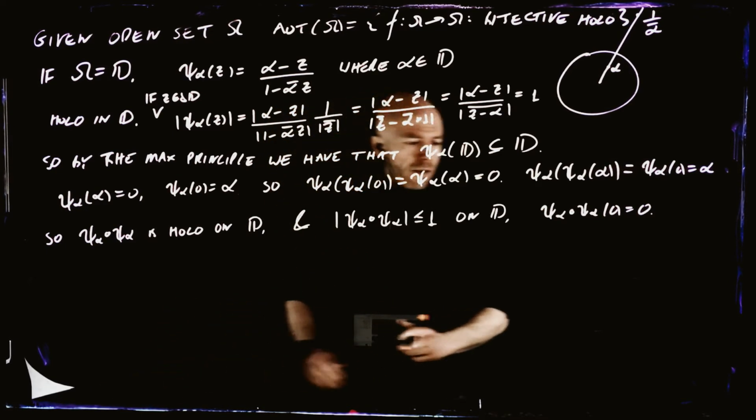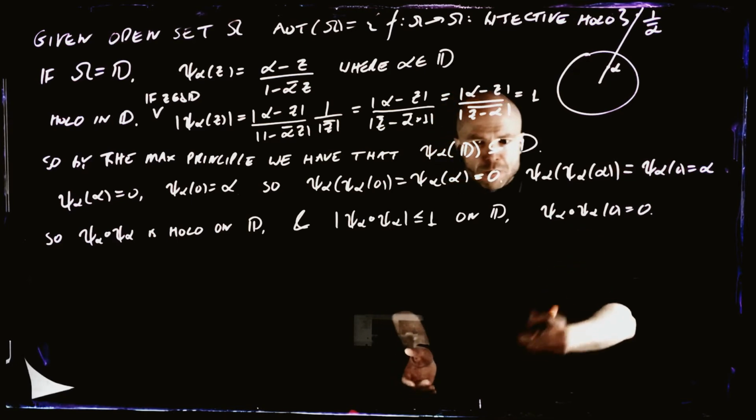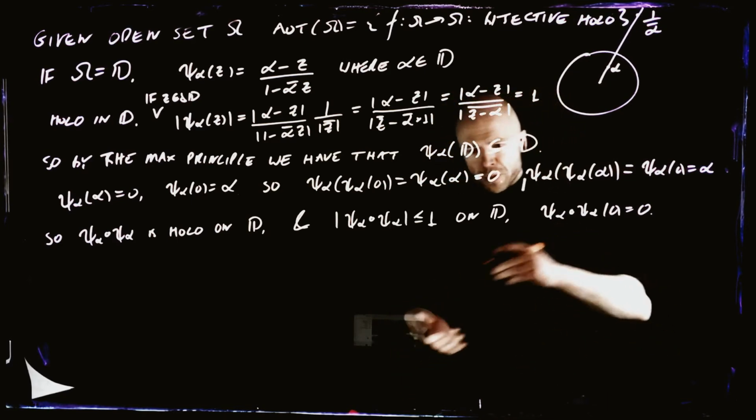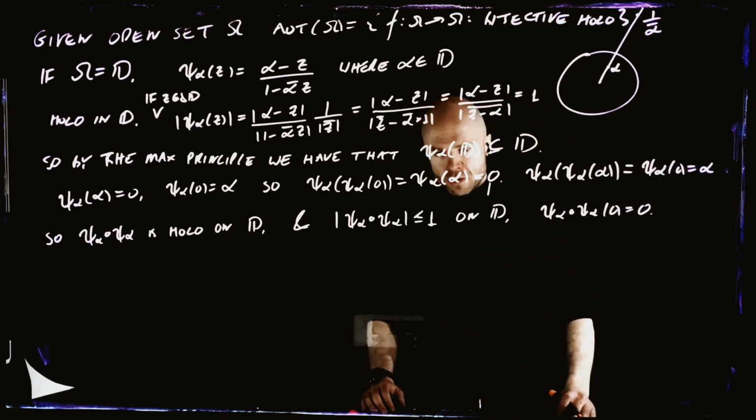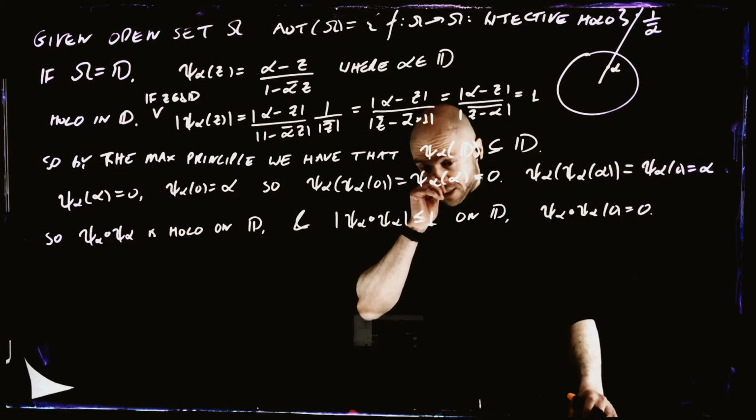What result do we have that talks about holomorphic mappings from the unit disk where the absolute value of them is less than 1, where we have them fixing 0?